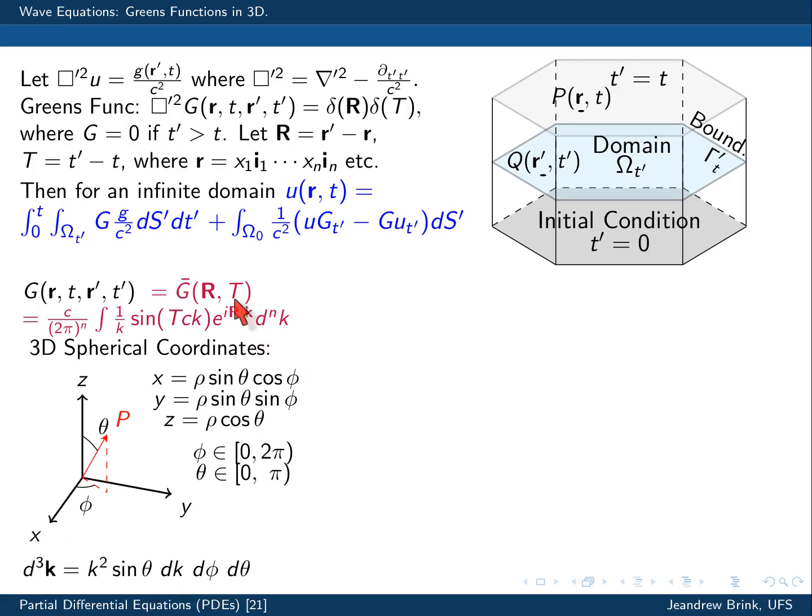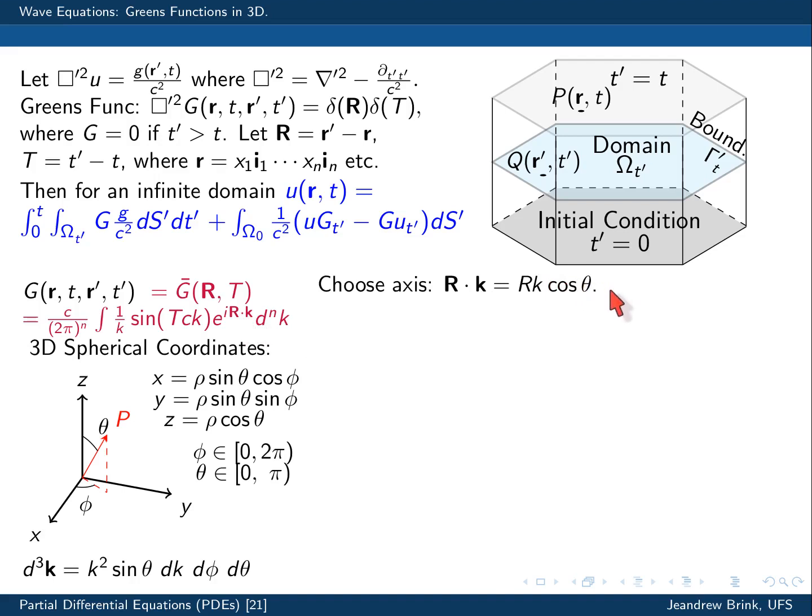The remaining thing that we have to evaluate is this r dot k, and n is easy to substitute in there. r dot k can simply be defined as the norm of r times the norm of k times the angle between them. And because we're integrating over the whole domain in k, the whole R3 in k, we can choose our axes so that the x-axis coincides with the r vector, and then r dot k simply becomes rk cos theta.